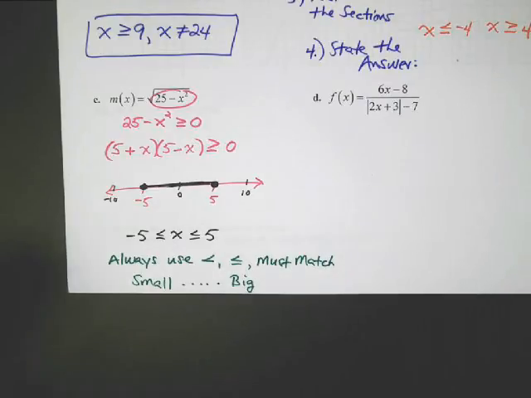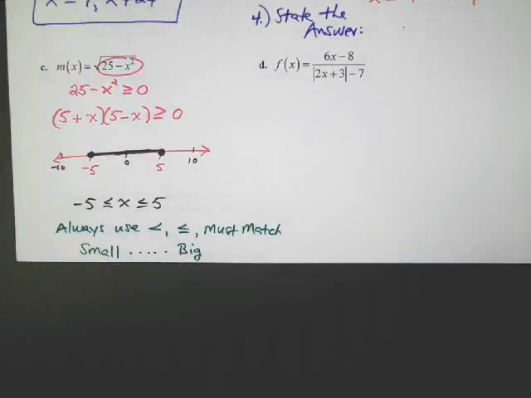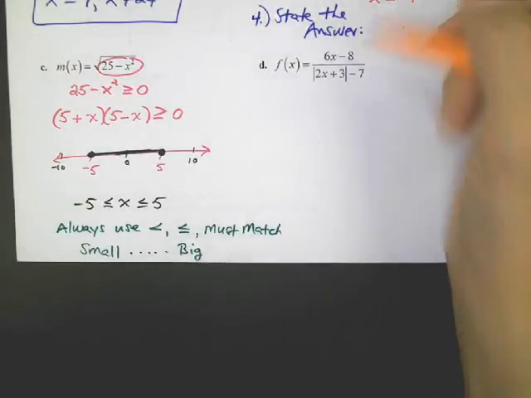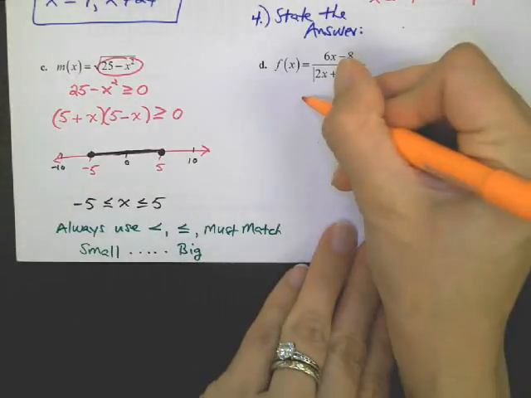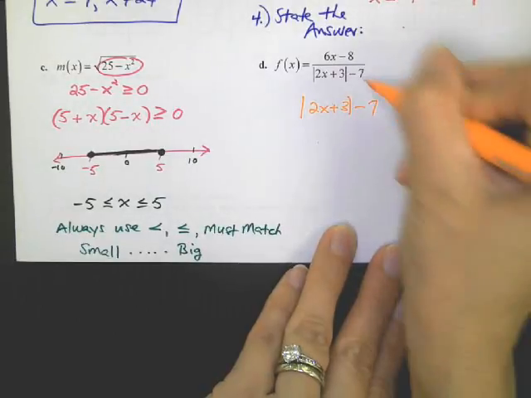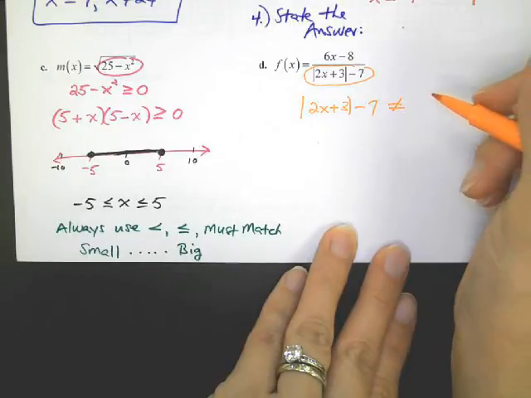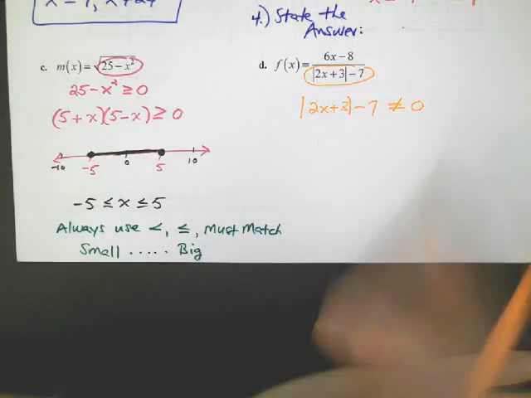Okay, these are some interesting ones. So domain along with some algebra skills. All right, letter D here. Numerator, no problem, but I see a denominator. The absolute value of 2x plus 3 minus 7, that's the denominator, cannot equal a 0.